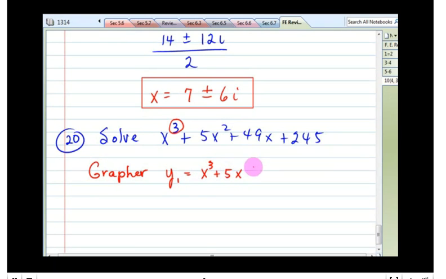Remember that you need to put y2 to be 0 in order to get that x-intercept. Do you see it crossing more than one time? Or do you see it crossing at all? Anybody?